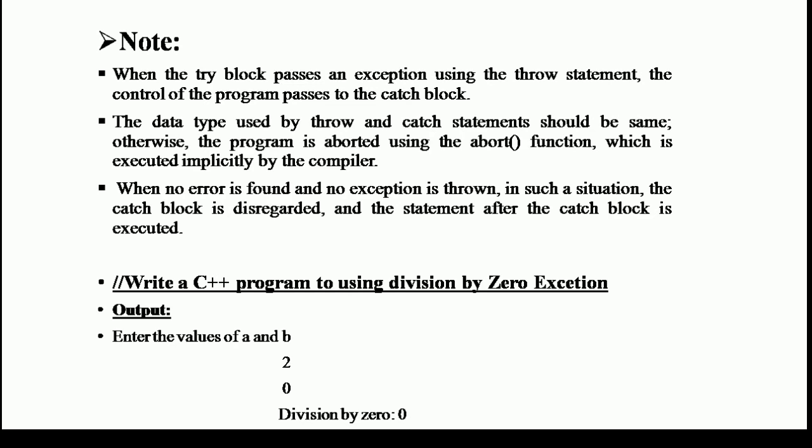Otherwise, the program is aborted using the abort function, which is executed implicitly by the compiler. When no error is found and no exception is thrown, the catch block is disregarded. For example, you can discuss one simple program.